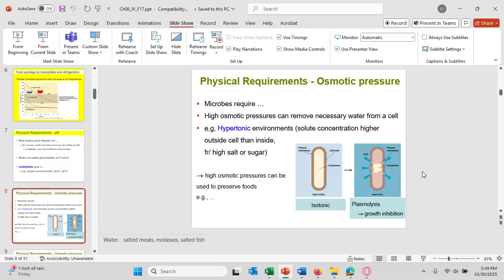Like E. coli put into an environment with a lot of osmotic pressure: the water will leave the E. coli, and the E. coli will quickly die, certainly within a day. I don't know the exact time, but within a day the E. coli cells will die.